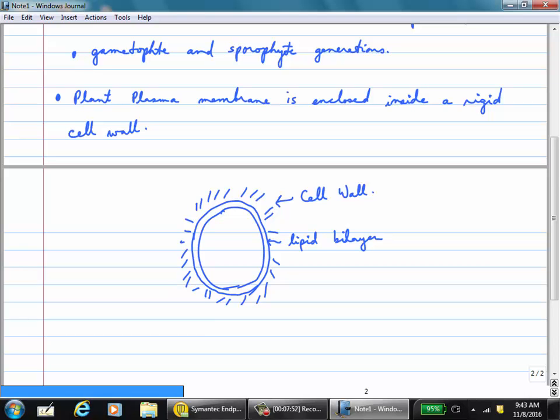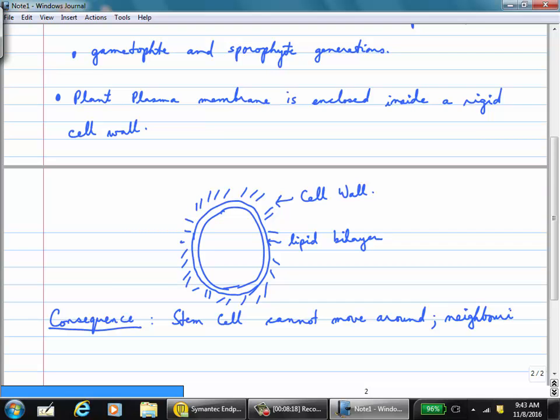So a consequence of this is that the cells cannot move around, or the neighboring cells come from the same ancestor.